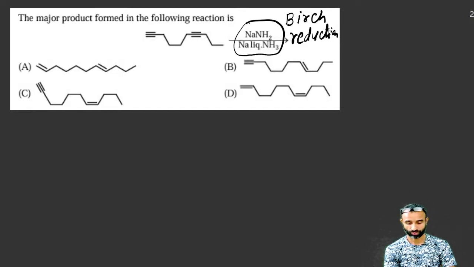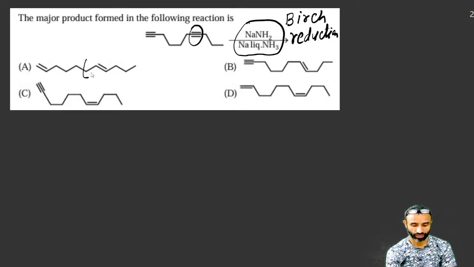So that means first look at this alkyne. When this alkyne undergoes reduction, that will give trans alkene. So let us see.